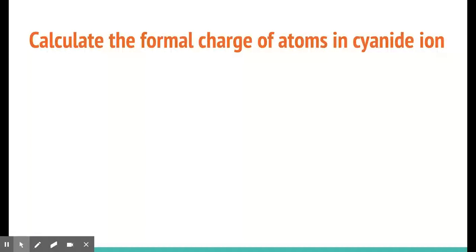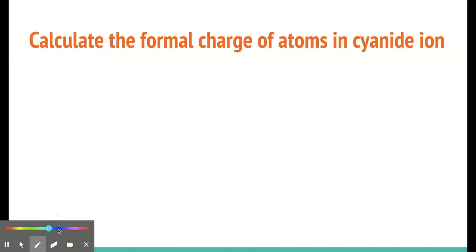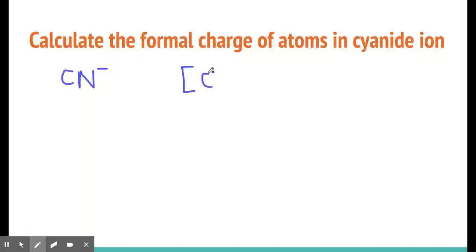So I want you to calculate the formal charge of atoms in the cyanide ion. Cyanide has the formula CN minus, and the Lewis structure looks like this.